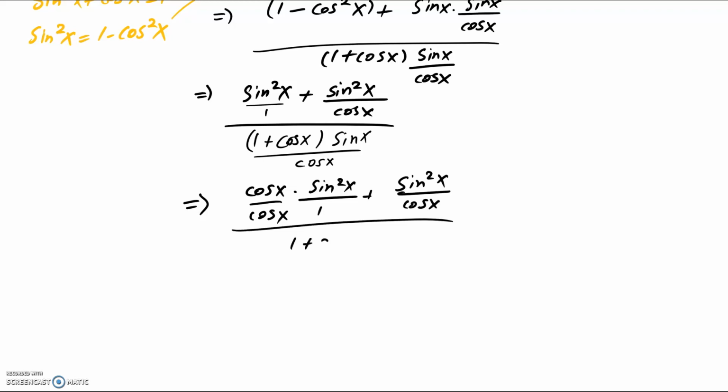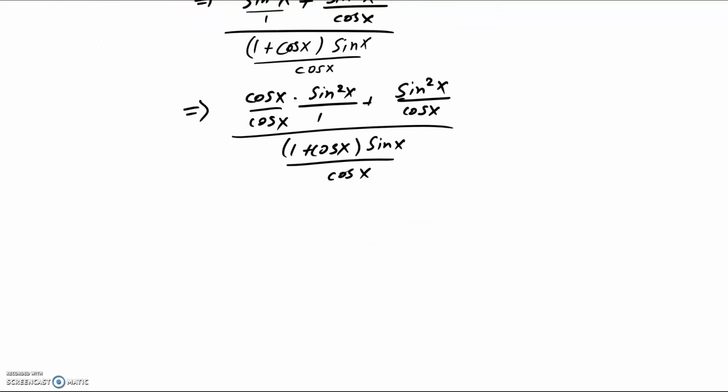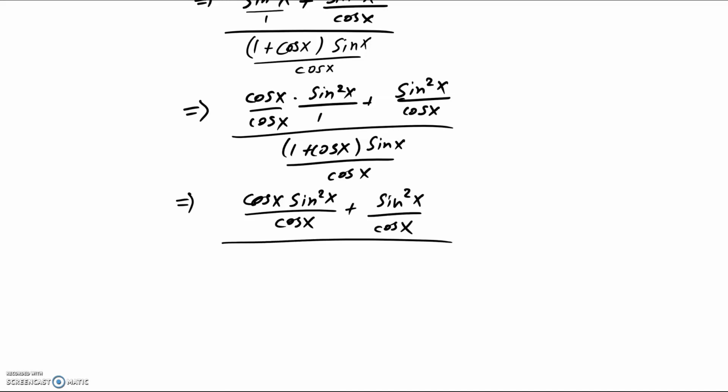You will keep the denominator over cos x. Clear? All right, now the top part, the numerator, will become cos x sine squared x over cos x plus sine squared x over cos x, and the numerator I'll still keep over cos x.